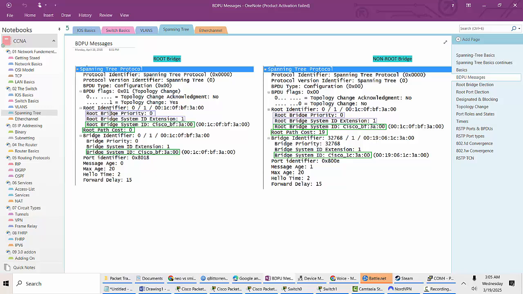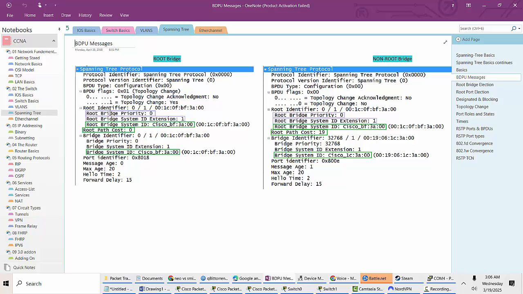Our root bridge priority. Notice when I made that center switch forward on all its links, I changed the root bridge priority, and I changed it to 0. The lower the priority wins, meaning that multiple switches in the spanning tree domain are going to compare their bridge ID priority.